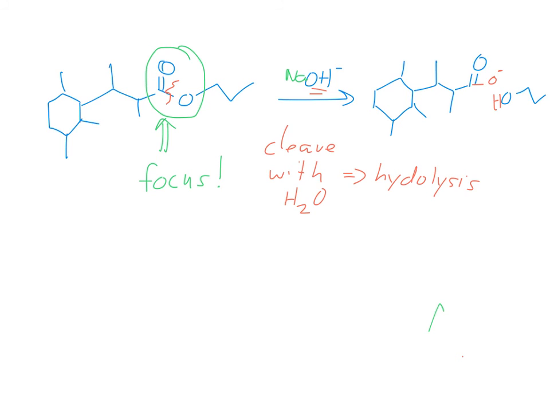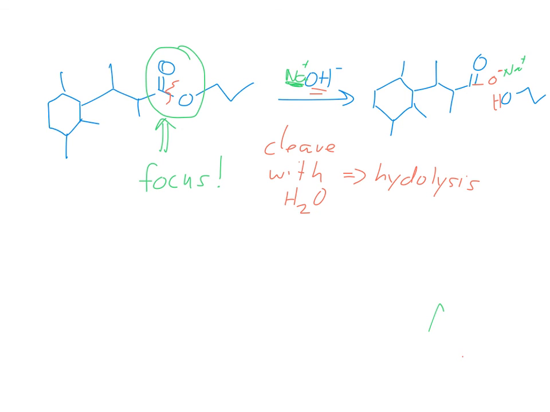Sodium has a plus and comes in along with the OH minus, just balancing the charge. When we get over here, the sodium plus just follows where the minus charge is. It doesn't really participate, it's a spectator. All right, so this is the base hydrolysis.